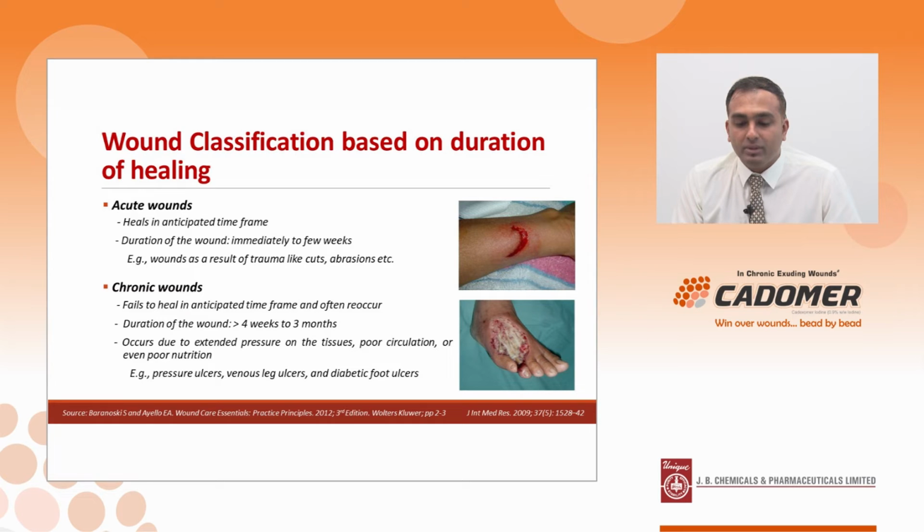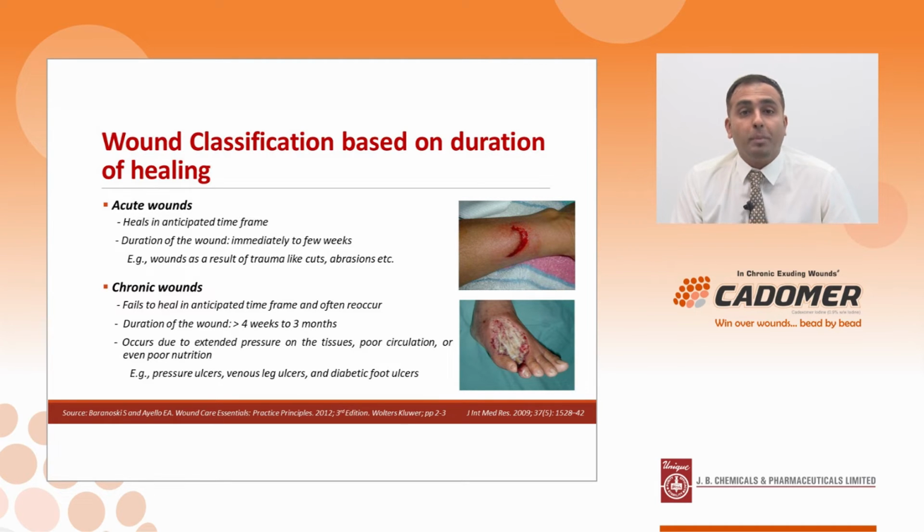So you can see from the diagram and you can compare those two figures. The above one is the acute wound and the lower one is that of the chronic wound. Chronic wounds are those wounds which fail to heal in an anticipated time frame and can even reoccur. In this kind of wound, the duration of healing is prolonged, that is, beyond several weeks.